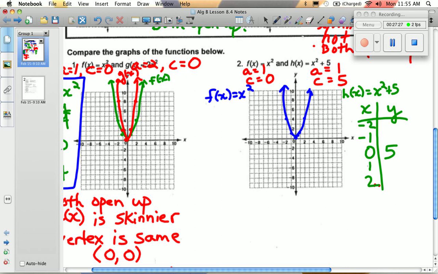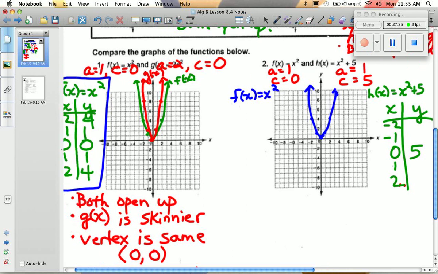Can anybody predict what the y value is going to be when x is equal to -1? 6, because all we have to do is add 5 to our 1 over here. Let's see if that works. -1 squared is 1. 1 plus 5 is 6. In the parent function, when x is equal to -2, y is equal to 4.